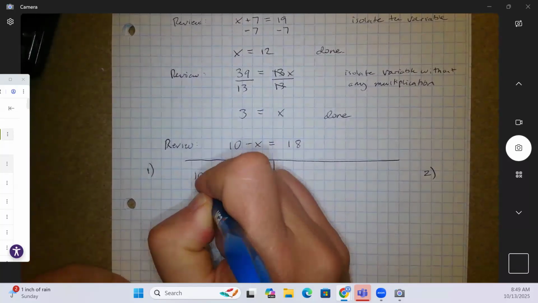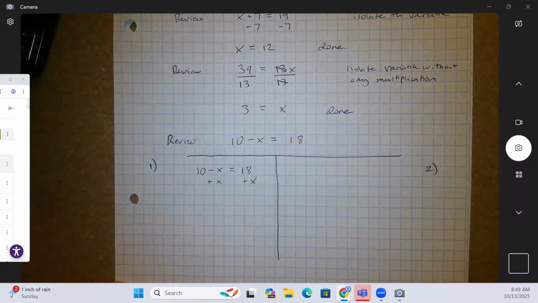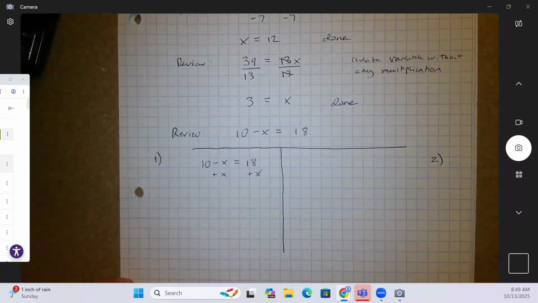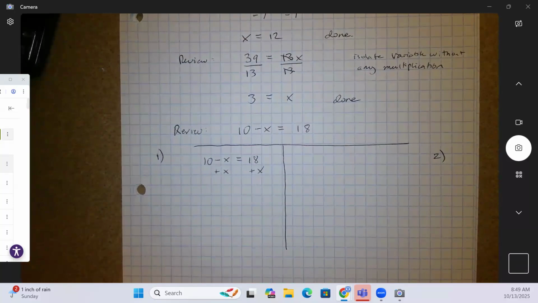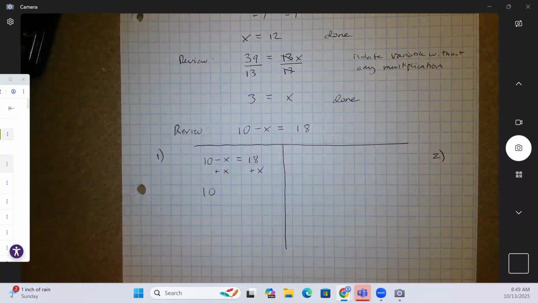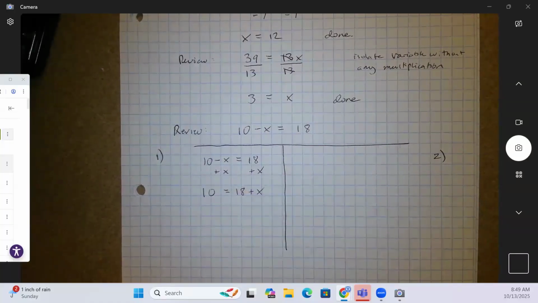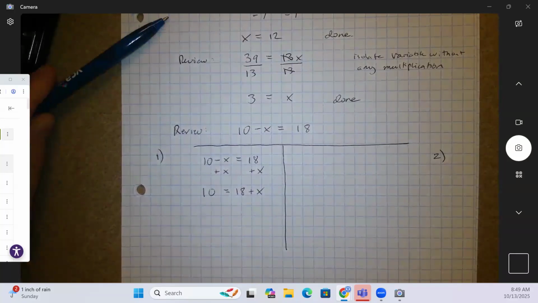And I think the easiest way to do that is to add x to both sides, which I can do because x is a number. Whatever that number is, I can add it to both sides. Minus x plus x cancels to be 0, and then the positive x on the other side. These are all fact families, and we build fact families by doing mathematically legal operations. And now I've turned it back into something like my first equation.